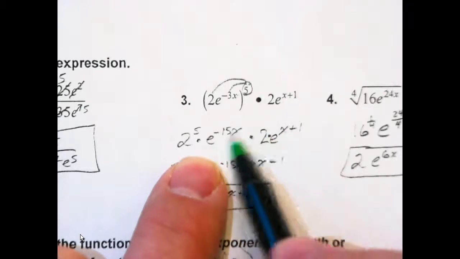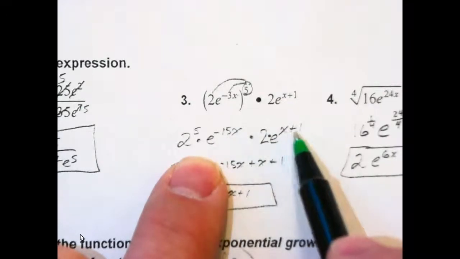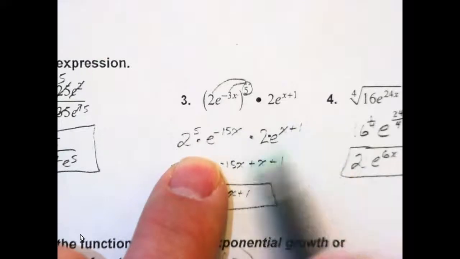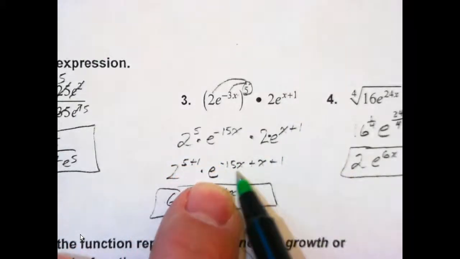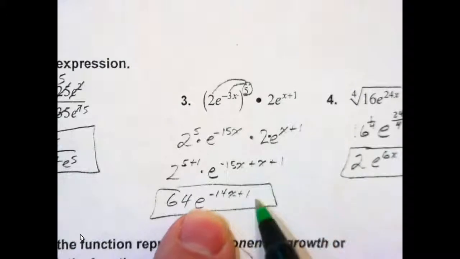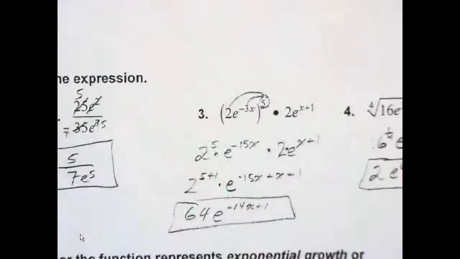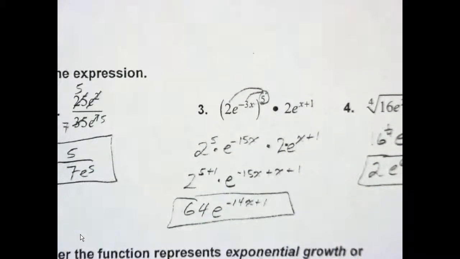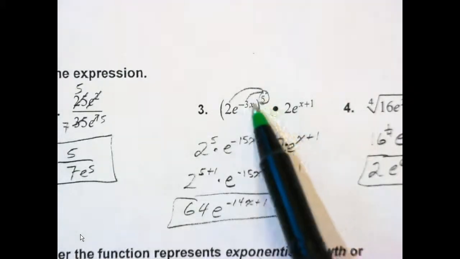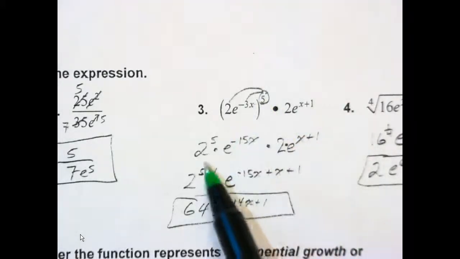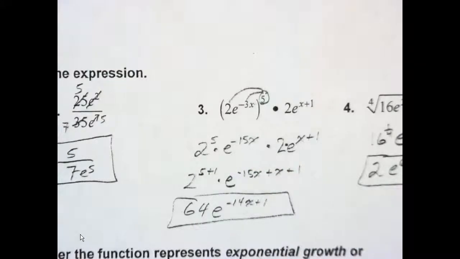So I get negative 15x plus x plus 1, which gives me negative 14x plus 1. And that's as far as I can go on it. Now there are other ways to get to that same place, but that's the work that I did on it. So first bringing our power to a power, and then combining our like bases by adding the powers.